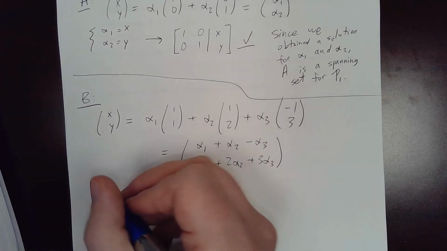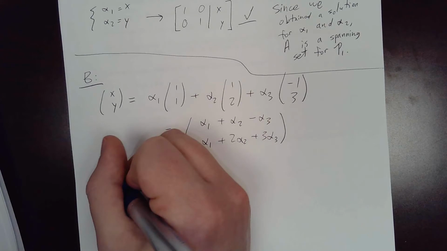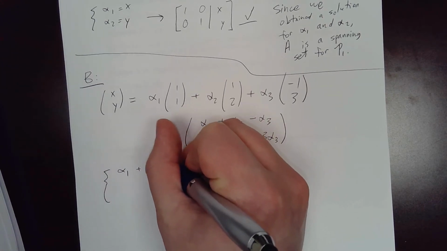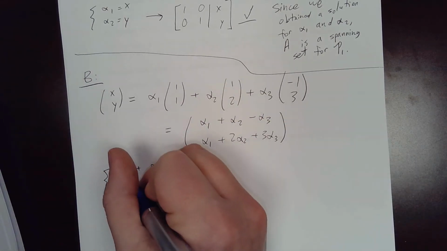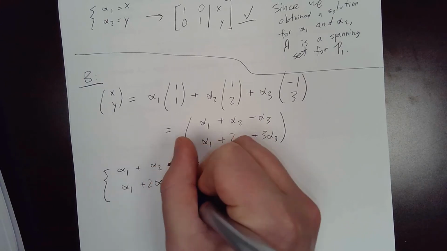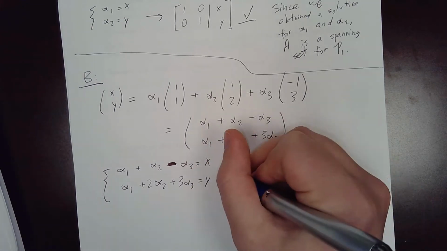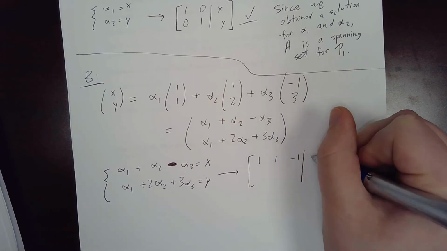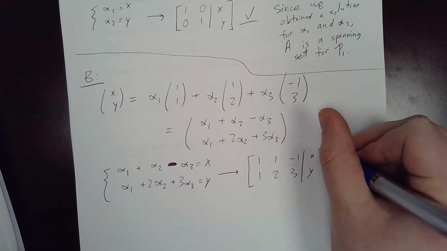So we end up with the system of equations alpha 1 plus alpha 2 minus alpha 3 equals x, and alpha 1 plus 2 alpha 2 plus 3 alpha 3 equals y. This gives us a matrix of 1, 1, negative 1, x, and 1, 2, 3, y.